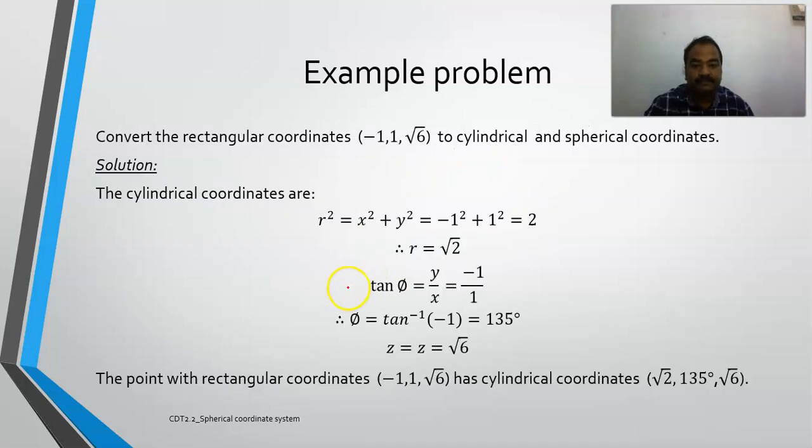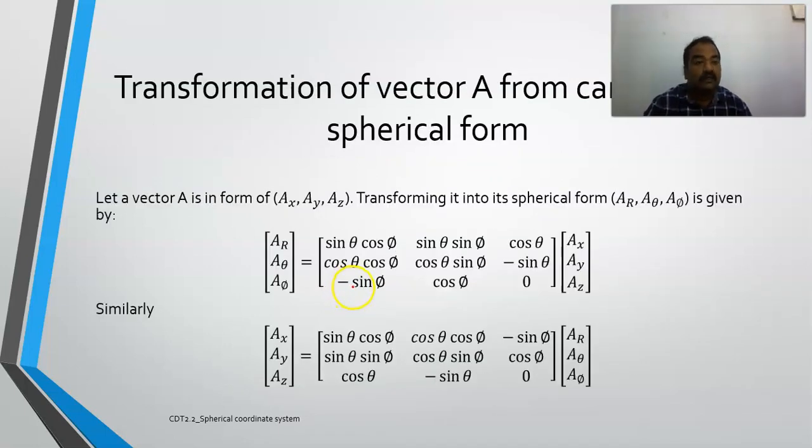Okay. Now, having said these things, so far we have seen only conversion between coordinates of points. Now, if I want to convert the components of a vector, let us suppose I have a vector in the form of Ax x bar plus Ay y bar plus Az z bar.